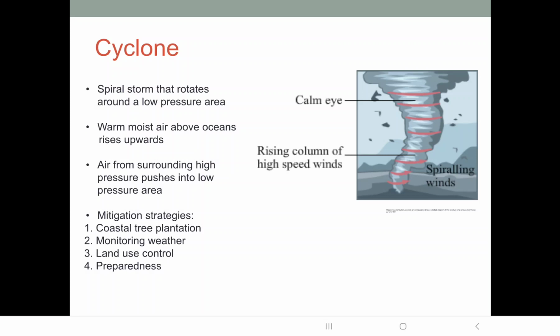So what is the use of mangroves? These trees act as buffer zones, okay, against the cyclone. Before cyclones reach the land, trees will try to slow down their speed.